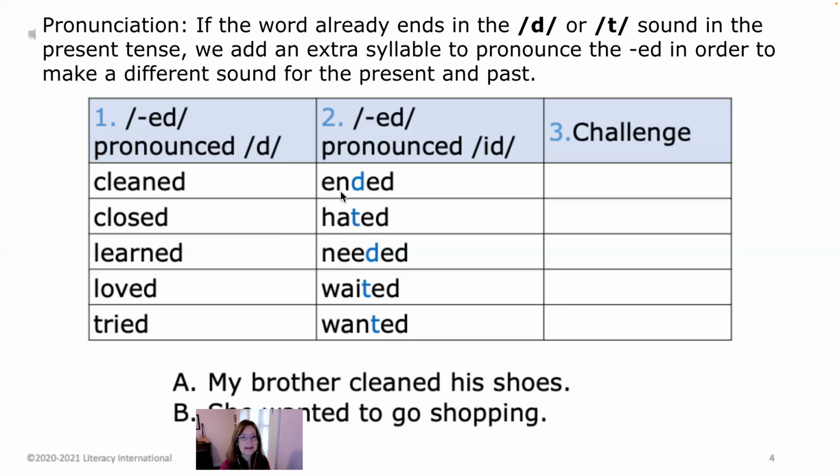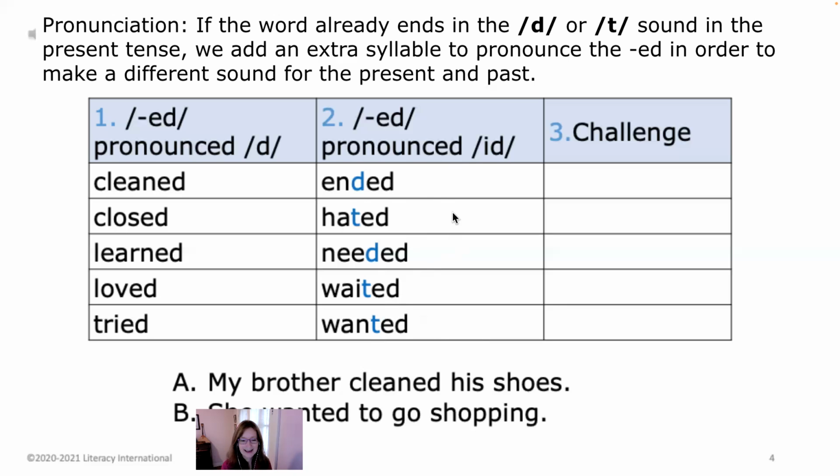So end changes to ended, hate, hated, need, needed, wait, waited, want, wanted. It's very important that we teach them to look out for that D or T, listen for the D or T sound at the end, and then the past tense gets an extra syllable to differentiate it from the present tense.